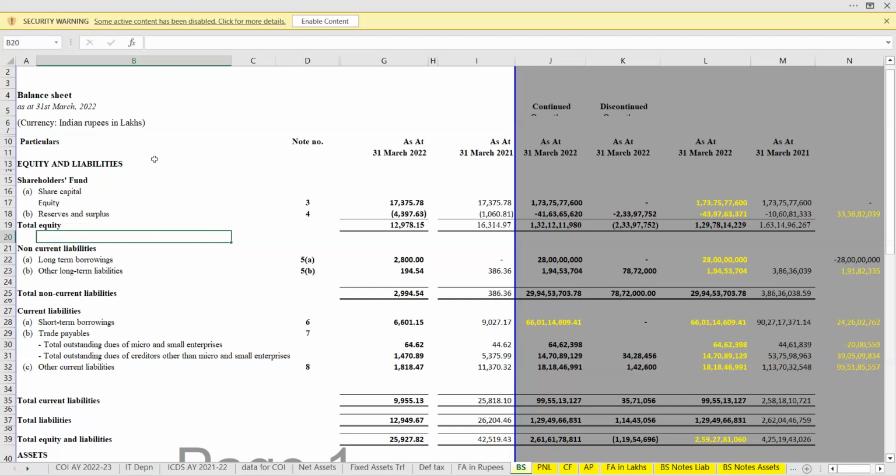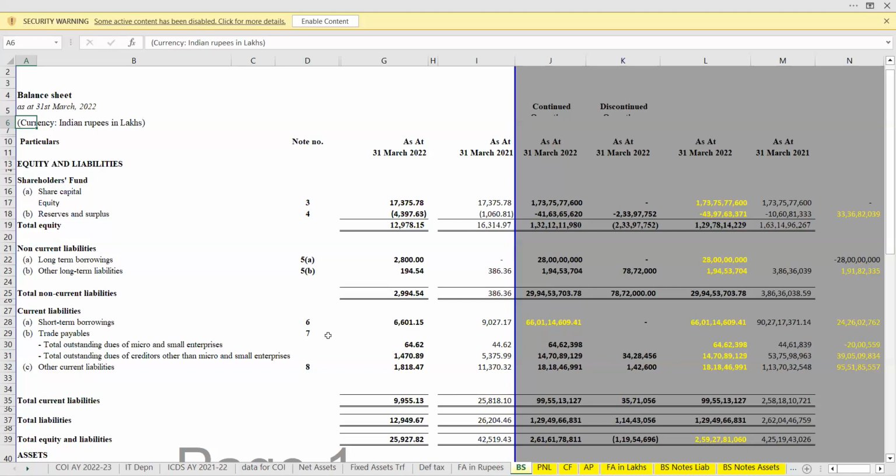Now here we are reporting in rupees in lakhs, correct? Some people make two sets of balance sheets. One is in rupees, another set is in lakhs. Why do you need two sets? Because for ROC filing, you have to give complete numbers, correct? And for income tax, you have to give full-digit numbers, correct? So it should be available, definitely.